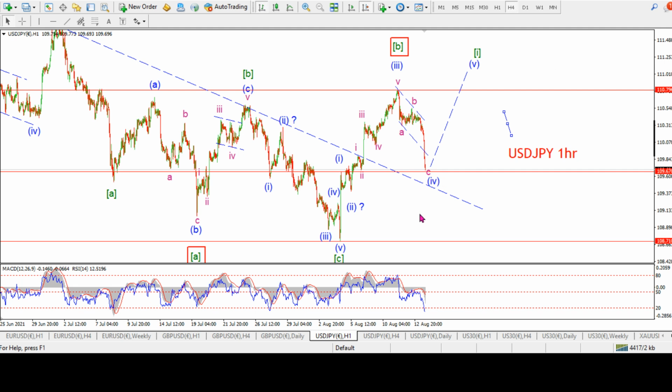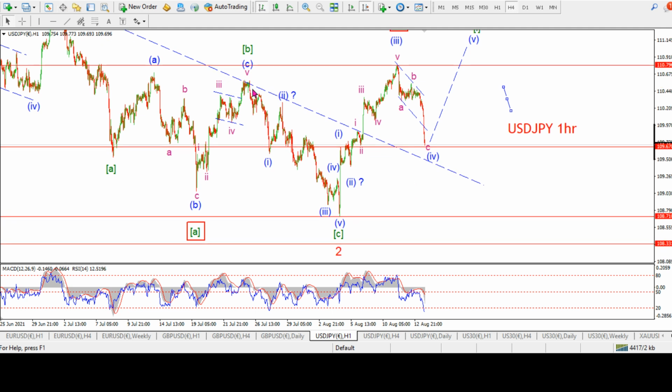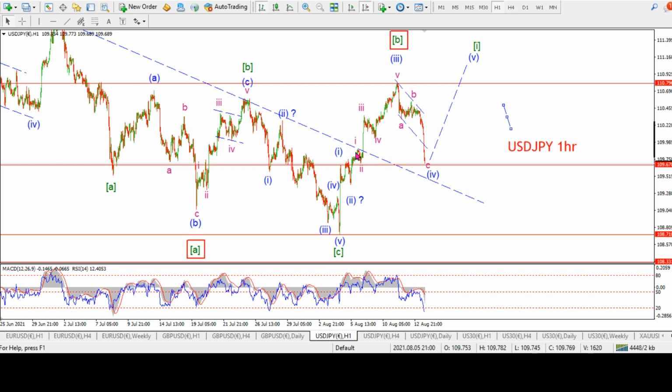Now, there's the hourly count, and I'll show you what I'm thinking here. It looks like we had a wave 2 low in place at 108.71. Then we rallied impulsively, a nice impulsive pattern, up to break the previous 2 interim highs, and we did heavily favor this bullish count.